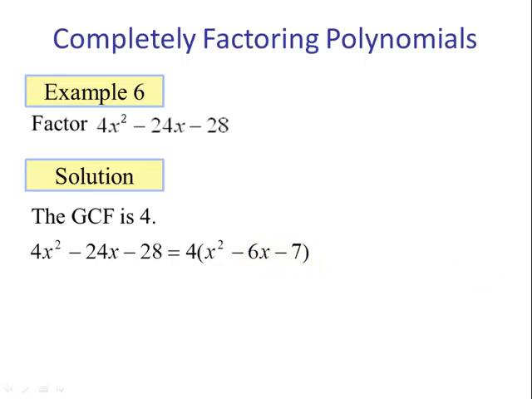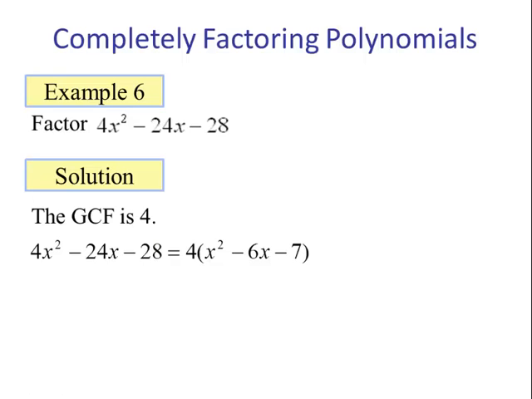The next step to factor completely is to make sure that this trinomial does not factor. So what two numbers will multiply to give me negative 7 and add up to give me negative 6? If you recall, when c is negative, we'll have one factor that's positive and one factor that's negative.